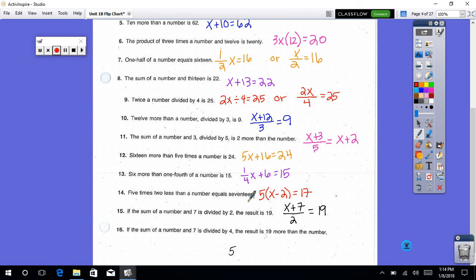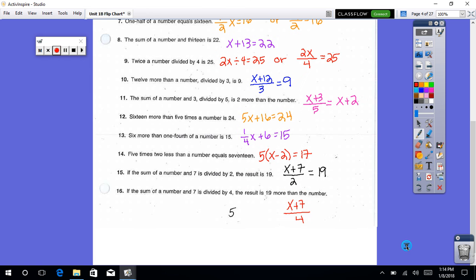Okay, and the last one, if the sum of a number and 7 is divided by 4, the result is 19 more than the number.